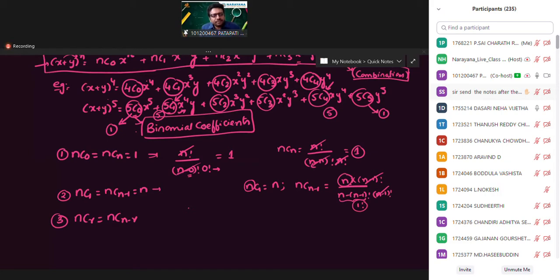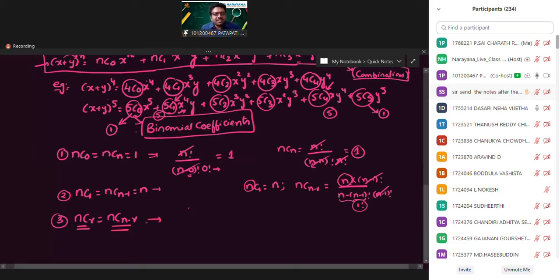So nCr is equal to nC(n minus r). What is the meaning of this? For example, 10C3 is same as 10C(10 minus 3), that is 10C7.